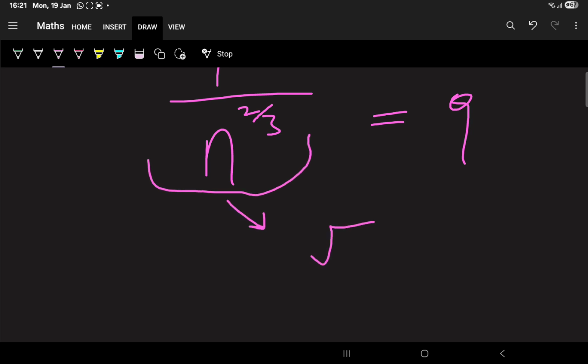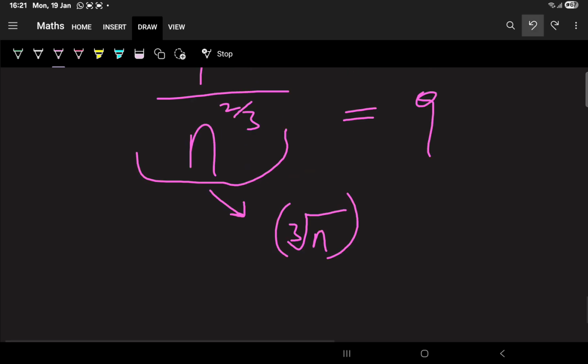the cube root of n all squared. Again, please, if you're finding this difficult, watch the previous videos before this, because all this has been covered there.